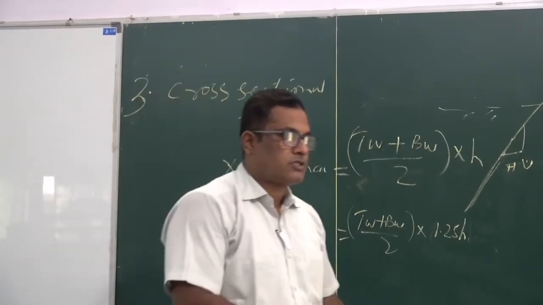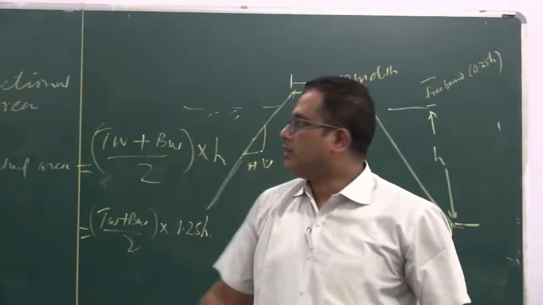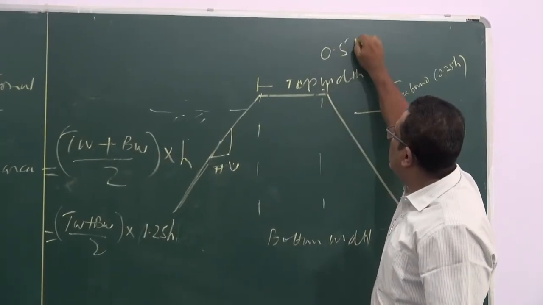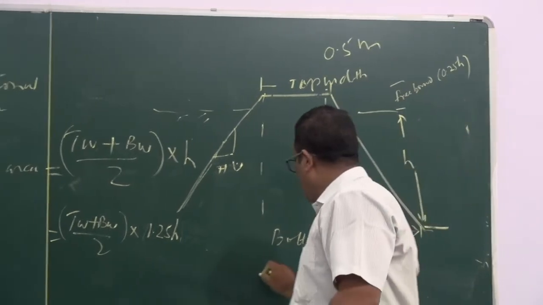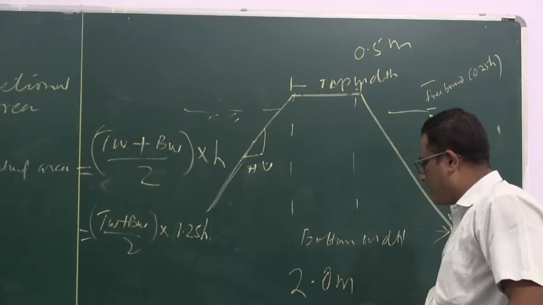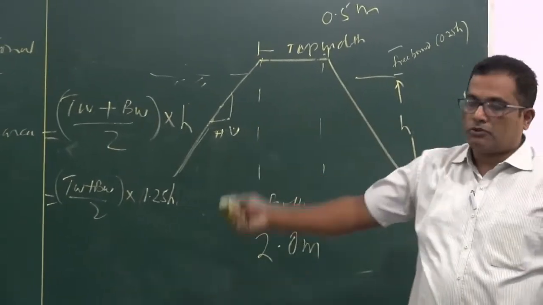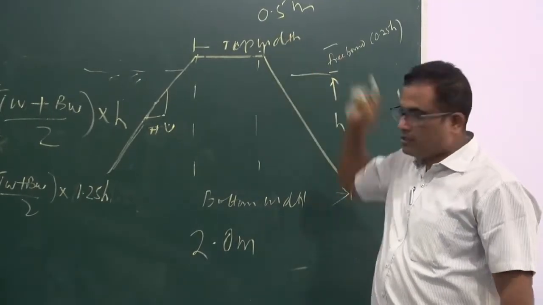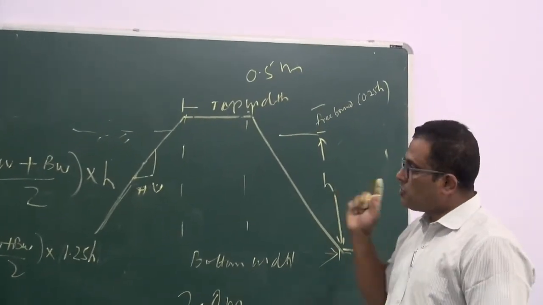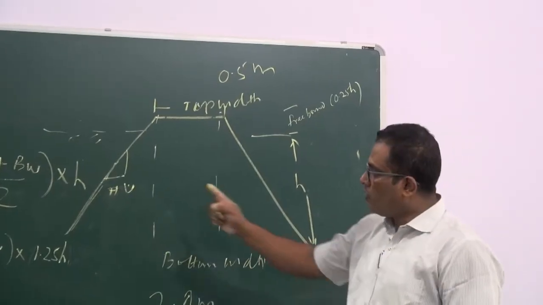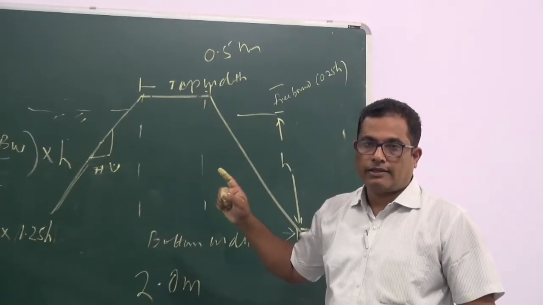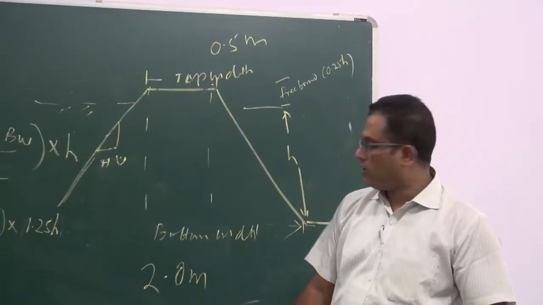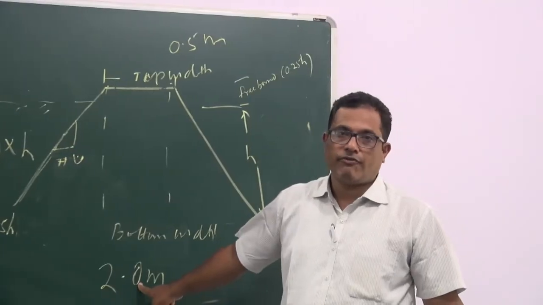The thumb rule for cross-sectional area is that the top width for Indian conditions should at least be 0.5 meter, and the bottom width should at least be 0.2 meter. Otherwise we can calculate through the formula, or if you follow the thumb rule, then top width is 0.5, and once you know the top width and the type of soil and the rainfall condition, you can decide upon the side slope. Once the side slope is known, you can find out the bottom width as well.